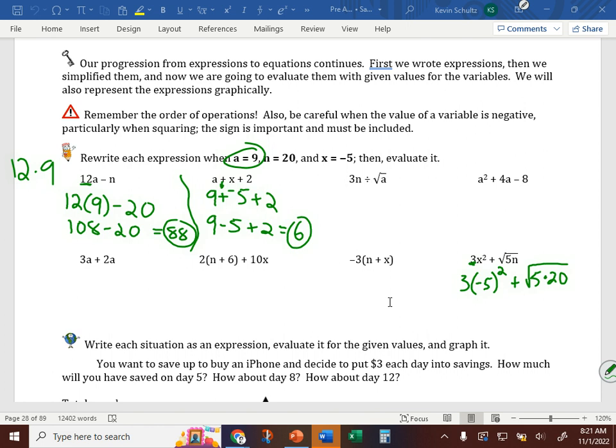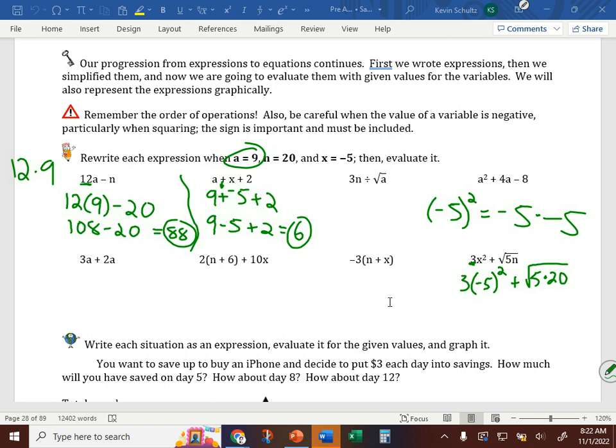Let's look at that 3 times -5 squared first. What are we doing first in that 3 times -5 squared? Let's start there. Exponent. What is -5 squared? -5 squared means we're taking -5 times itself. -5 times -5, which is, Landon?